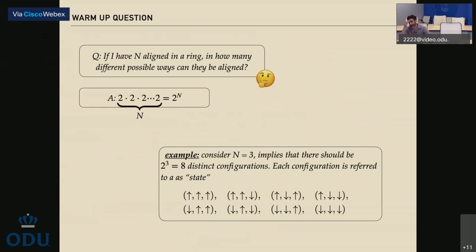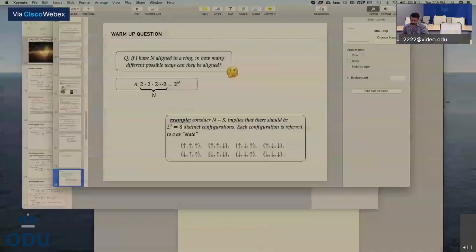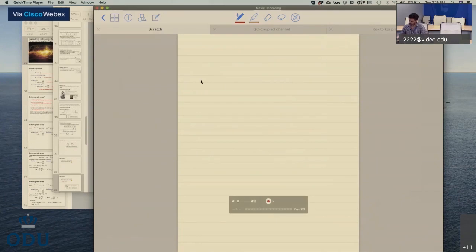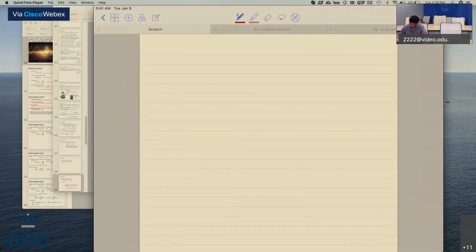So if you have n spins, the possible number of spin configurations that you can have is equal to 2 to the n. Why is that? Well, let me just think about 2 spins, right? So here's 2 spins, and here's my ring. It's kind of silly to put a ring like that because there are just 2, right?